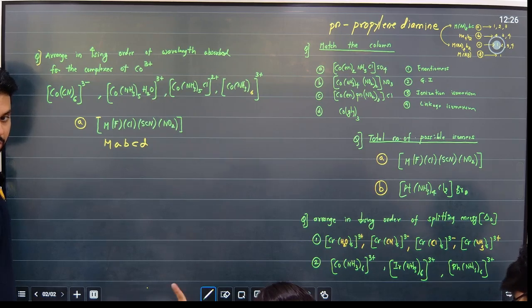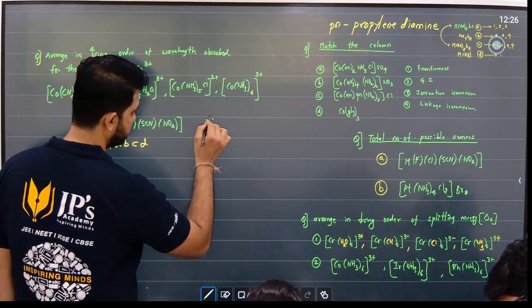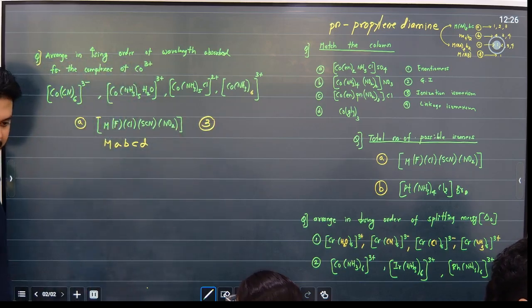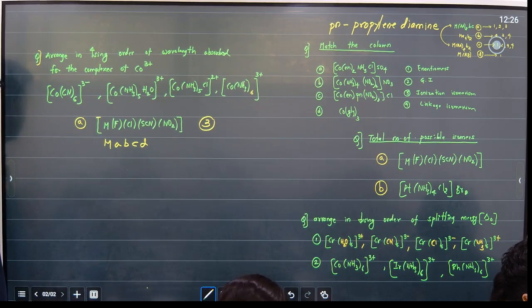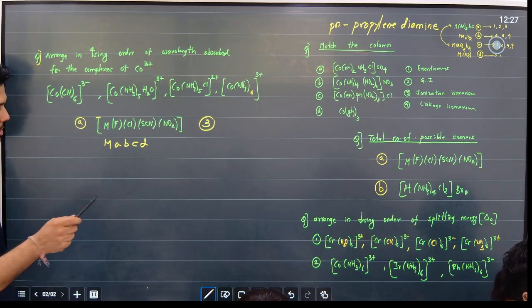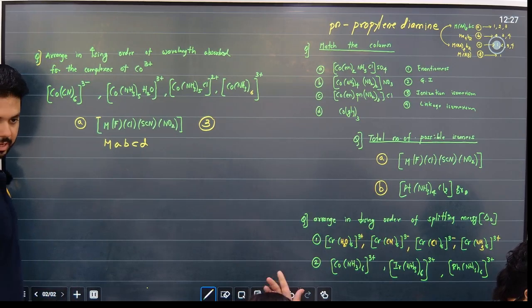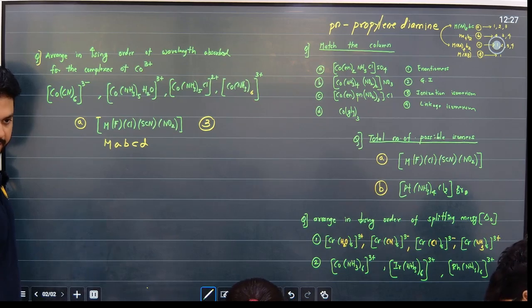They don't have OI. How many GIs were there here? Excellent. 3. Now we have to check for different structural isomers. Will this show ionization isomerism? No, there is nothing in the ionization sphere, so what will it show?